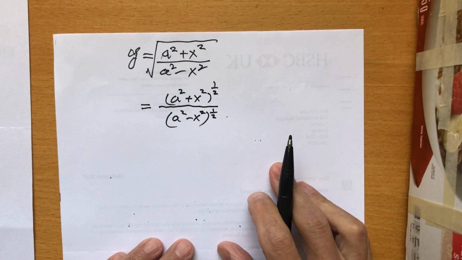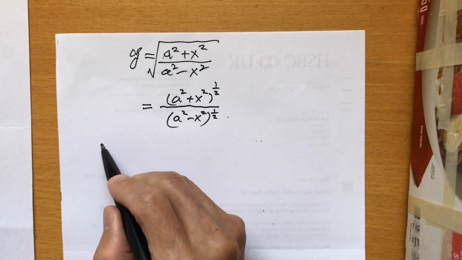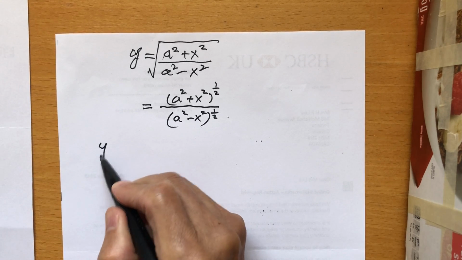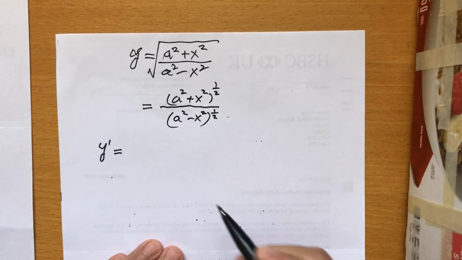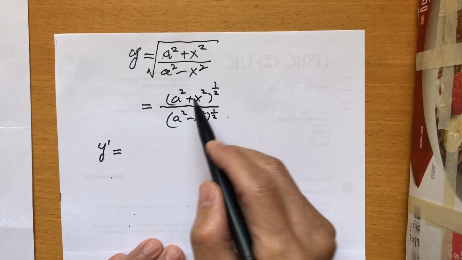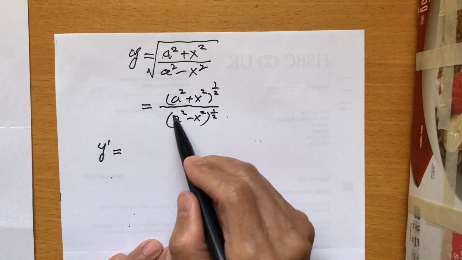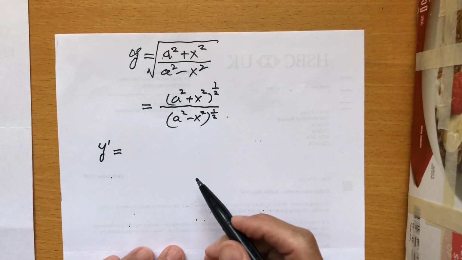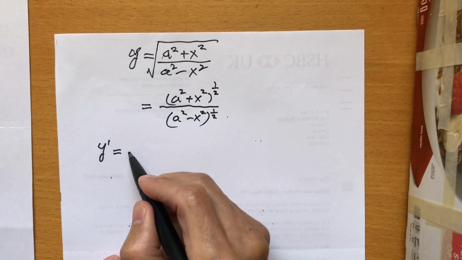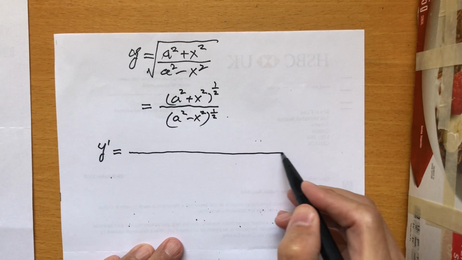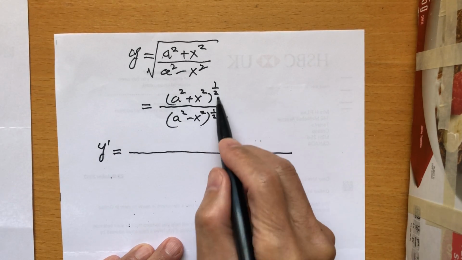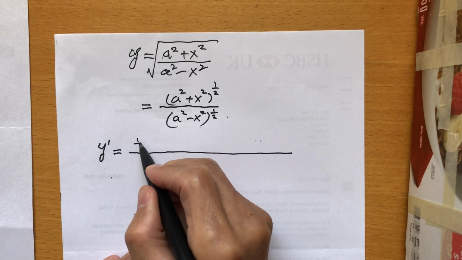Once I have this, then I do the derivative. Look, this is a quotient, u divided by v. So what is the formula? u prime v. u prime is this derivative. So I do that derivative.